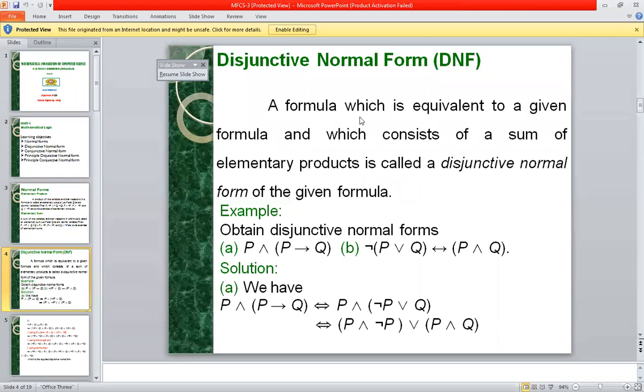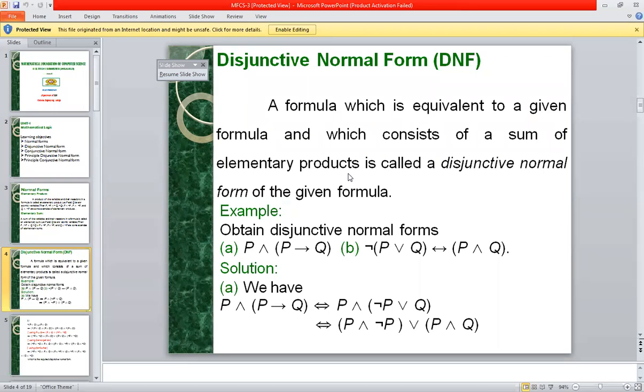A sum of elementary products means, inside the parentheses, variables having products like P and Q and negation P, some symbol, and another product Q and P and negation Q. This is an example of disjunctive normal form.